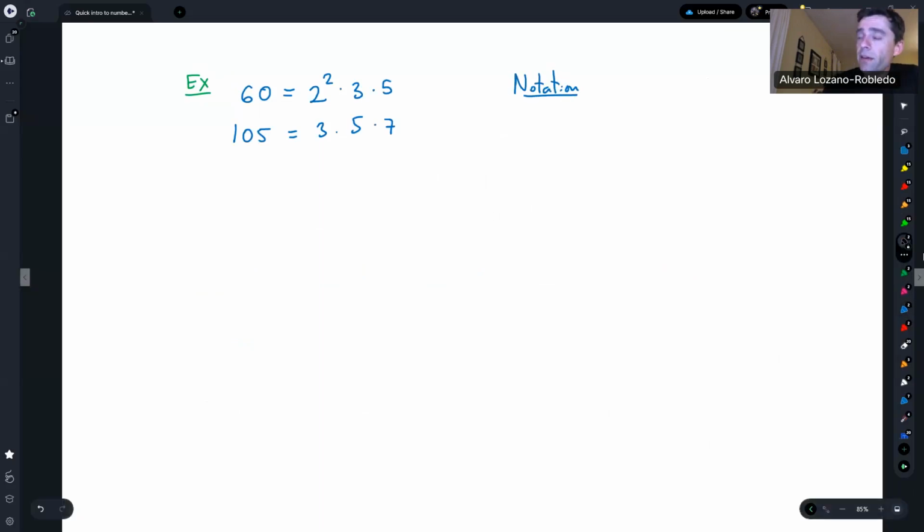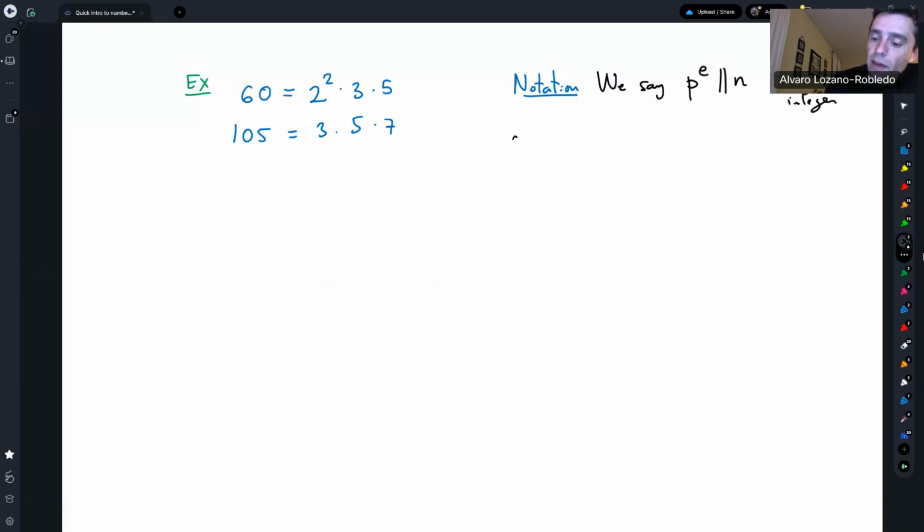We say that p to the e divides n, where n is an integer and p is prime and e is bigger or equal to 1, if two things happen.